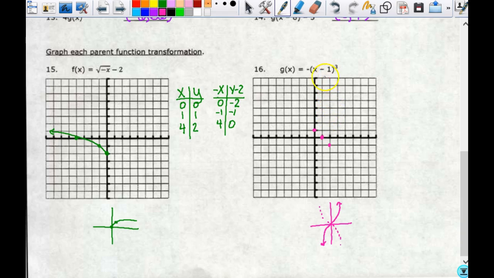But I reflected it, so it became negative 2, 8. And then I moved it to the right 1. So I'm here, and then also it would be down here. Okay, you can get your shape graph. You need some key points and make sure that it looks semi-decent. And then you can just pull the points off the graph if you need them.